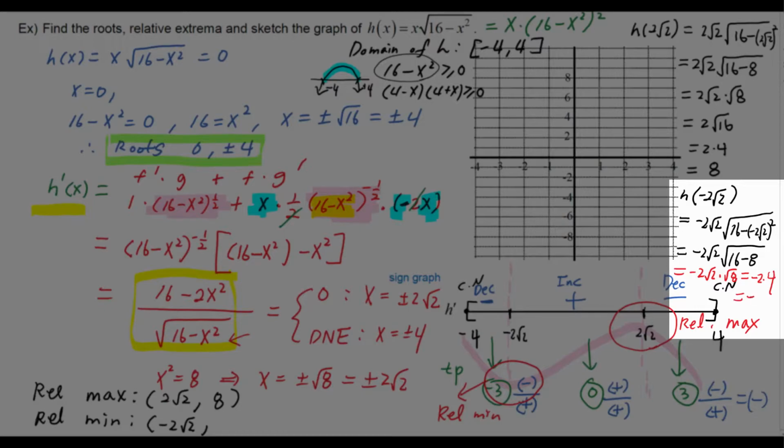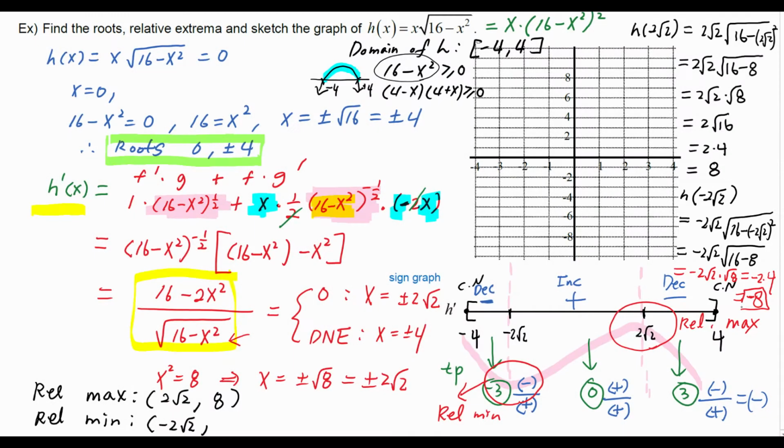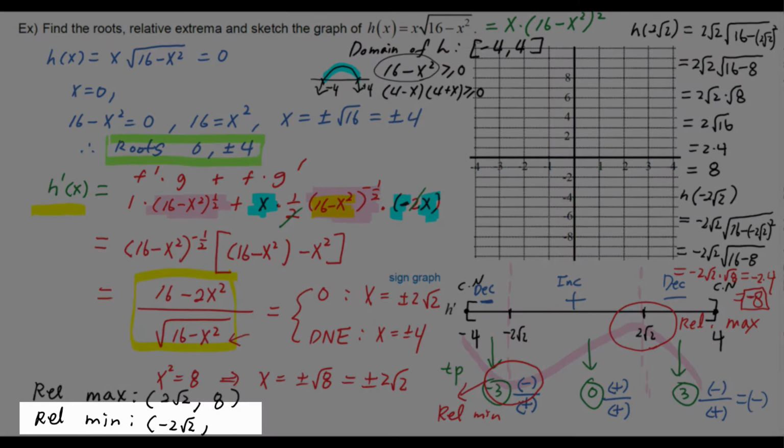So I get negative 8. So my relative minimum is negative 8.